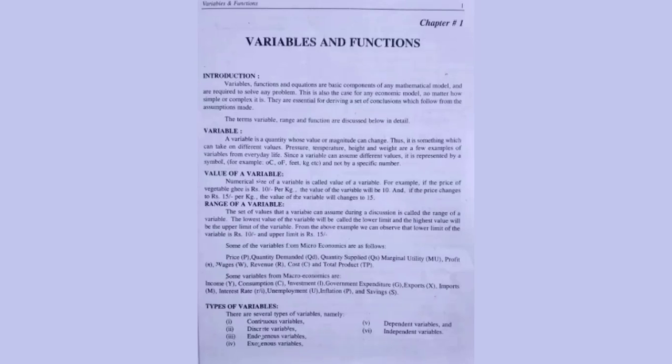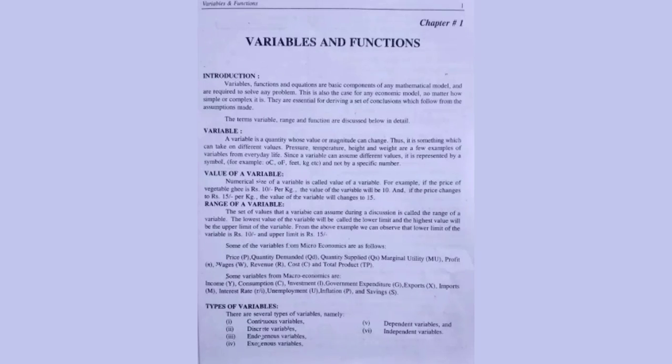But remember, a number is not a variable, but an alphabet that contains the value of a particular variable is known as variable. Now, value of a variable is actually the numerical size of a variable that is called the value of a variable.